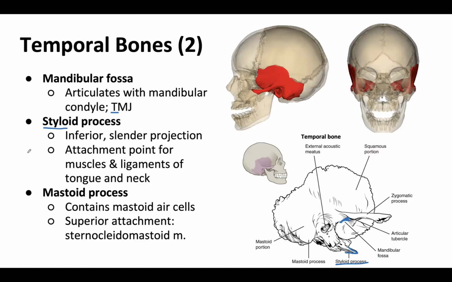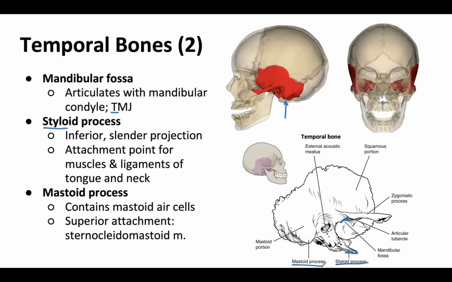There is another much larger inferior projection in this area called the mastoid process. If you can, palpate behind your ear and you can feel the mastoid process.